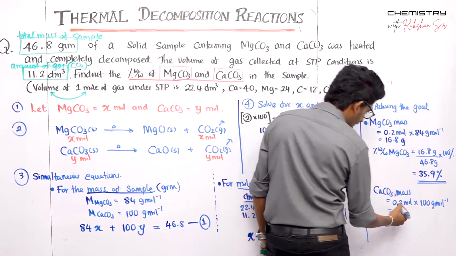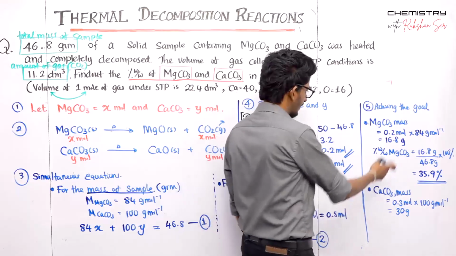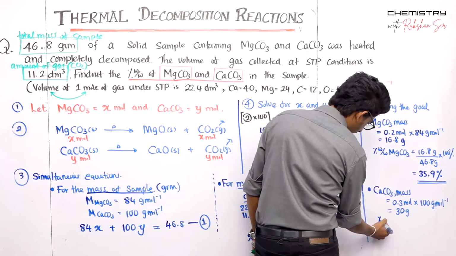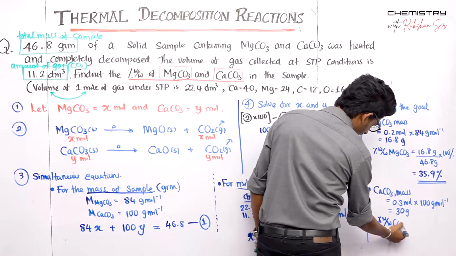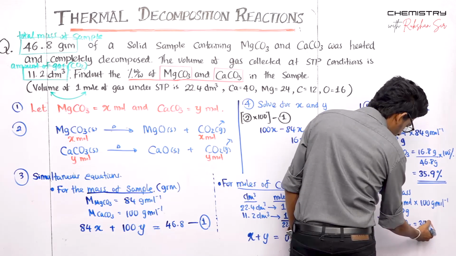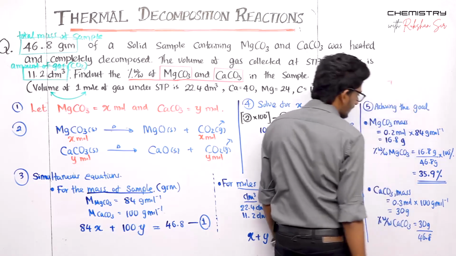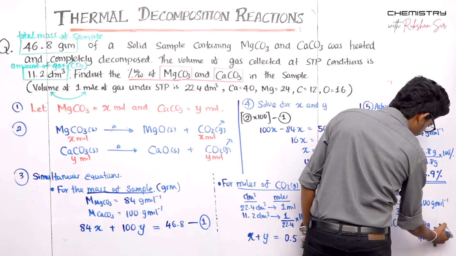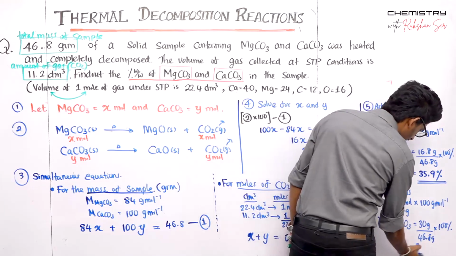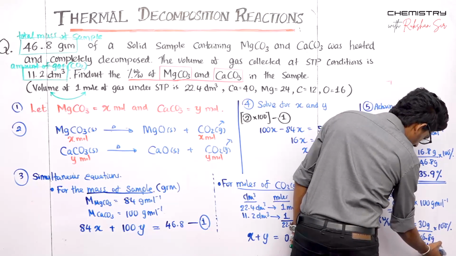That will give you 30 grams, the rest of the grams from the 46.8. So you can copy the weight percentage for calcium carbonate. That is 30 grams over 46.8 grams into 100. So the value should be 64.1 then.